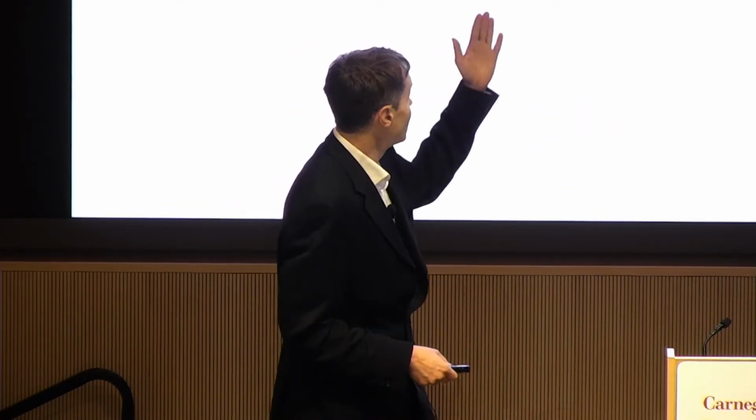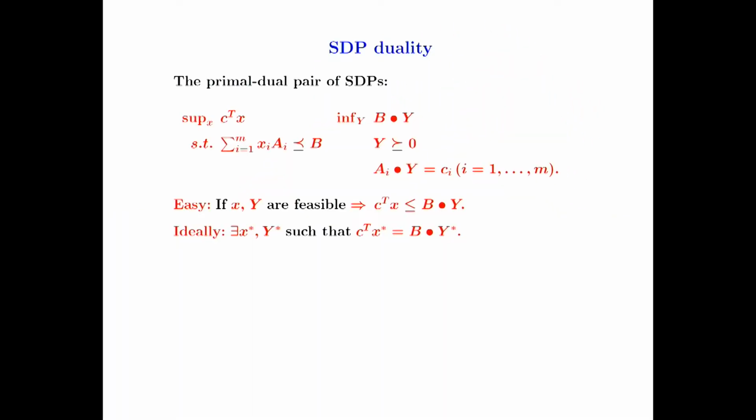The dot product of matrices is essentially, we stretch them out as vectors, and then we take the inner product of those vectors. So we have a bunch of linear equations, and then we have a linear objective function, infimum of B dot Y. And what's easy is that if x and Y are feasible, then c transpose x is less than or equal to B dot Y.